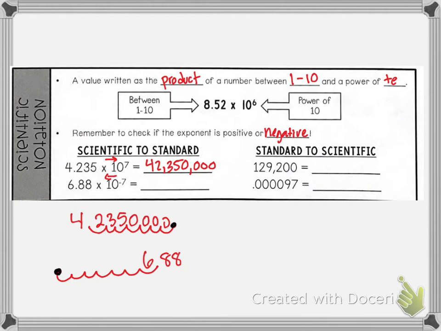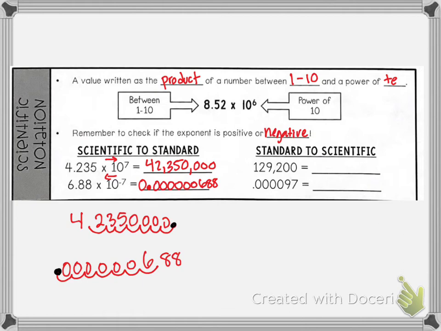And everything else we can fill in with zeros. If you want, you can put 0 point and then 6 zeros, and then we have that 688. And that's what it would be in standard form.